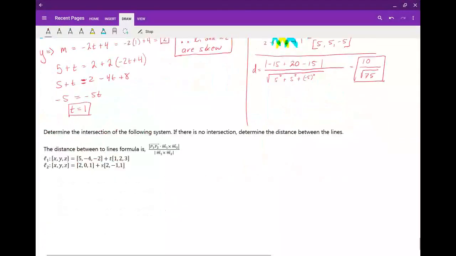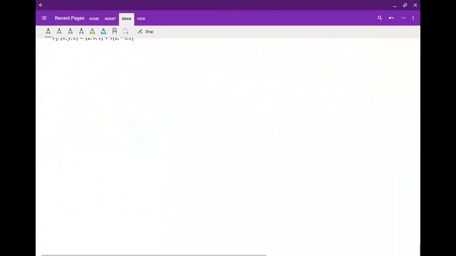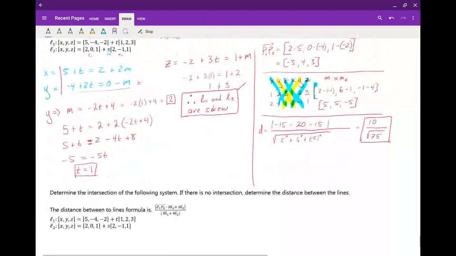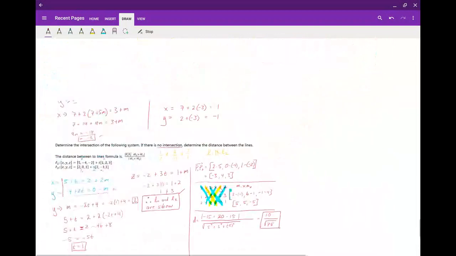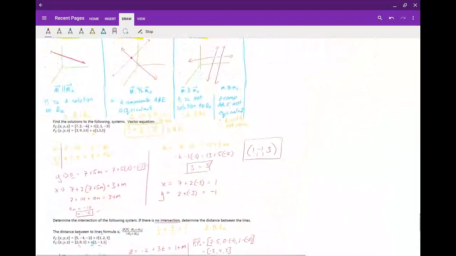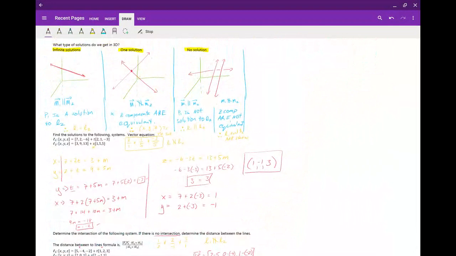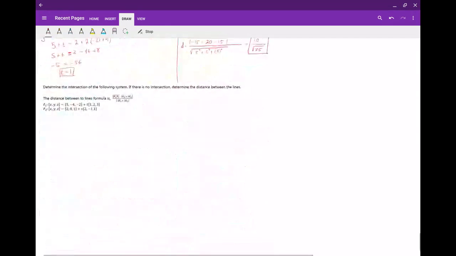Well, let me build a scenario where we do a parallel one, where maybe we've got two lines that are separate like this, or maybe we've got the same line. I'm just going to make up a parallel one.